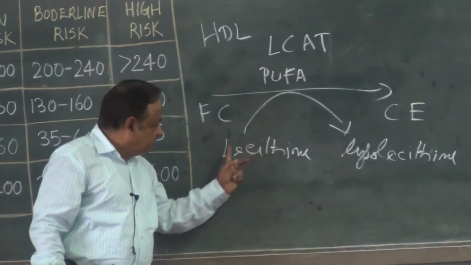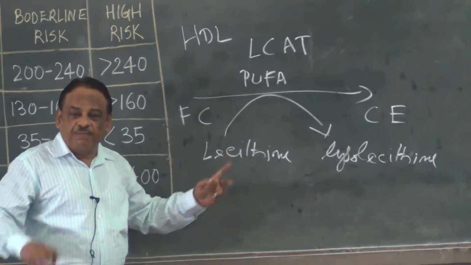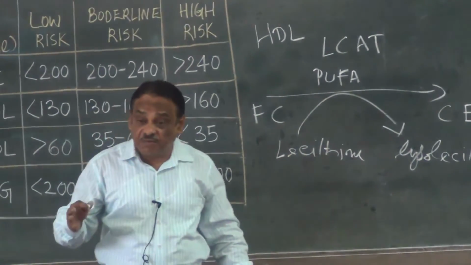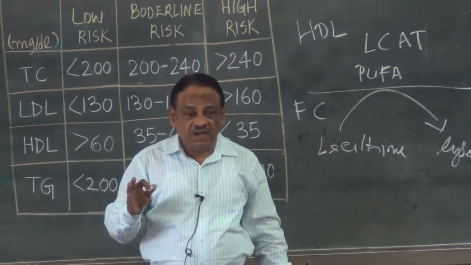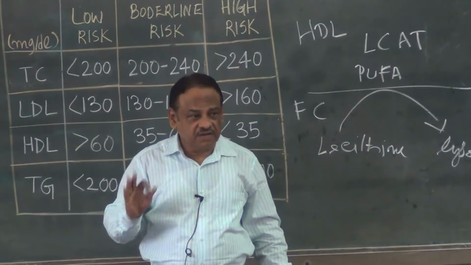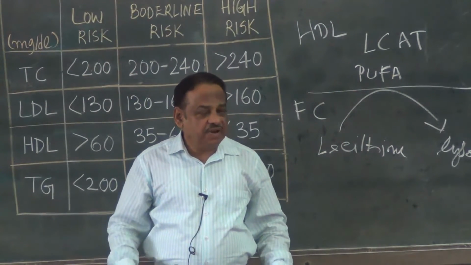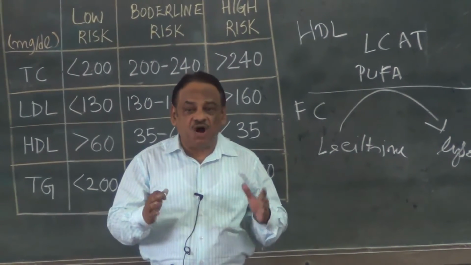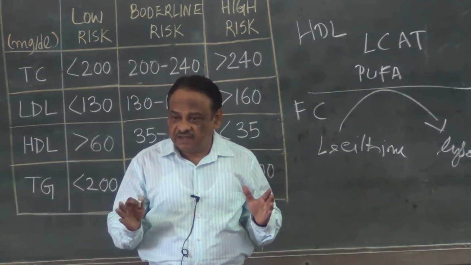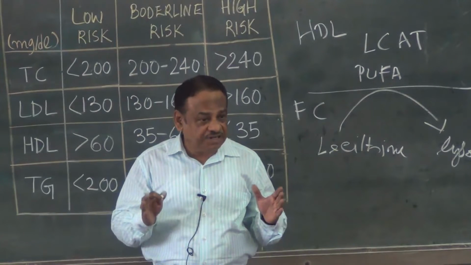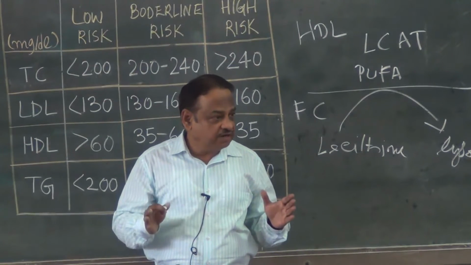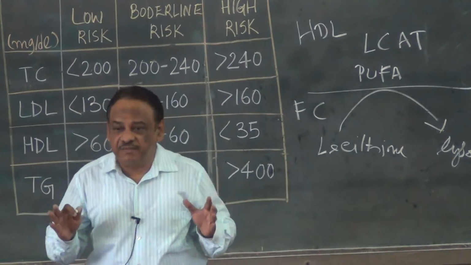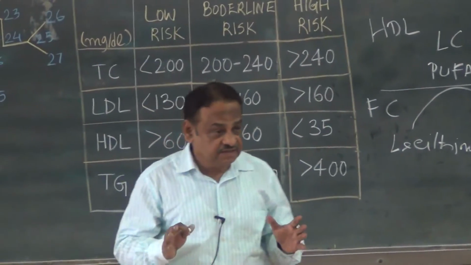It has lecithin and apolipoprotein, that is ApoA1. ApoA1 actually tells you how much HDL is present. If you measure ApoA1, it tells you how much HDL is present.